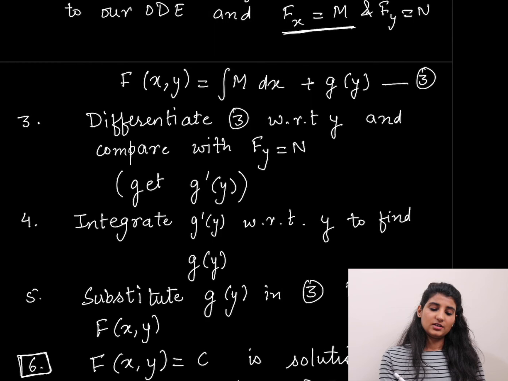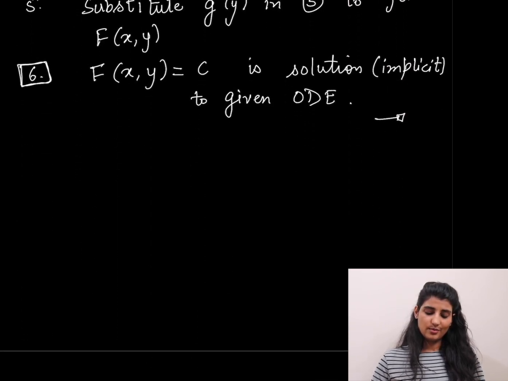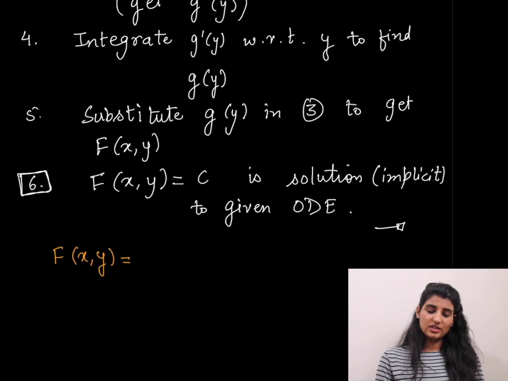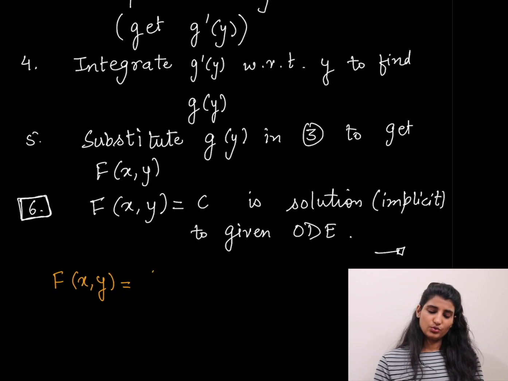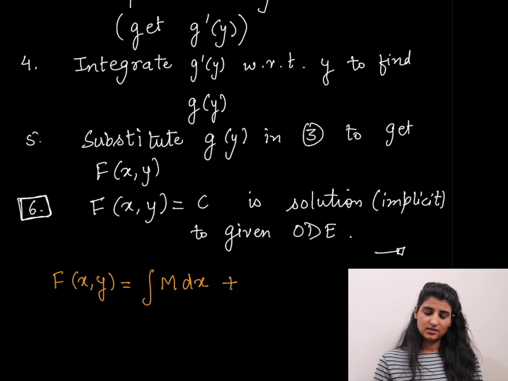In short, if I combine all these steps, your f(x,y) will be equal to, from step 2, the integration of M with respect to x plus g(y), and g(y) you will get by comparing f_y equal to N.